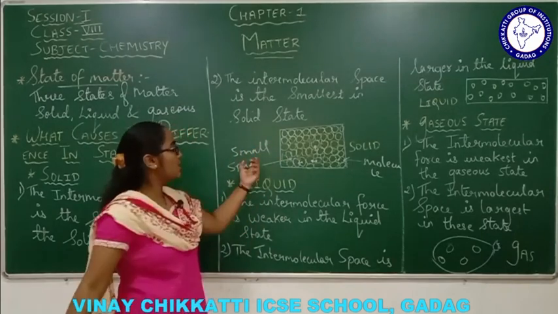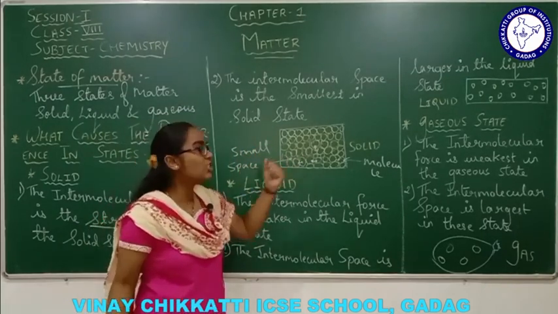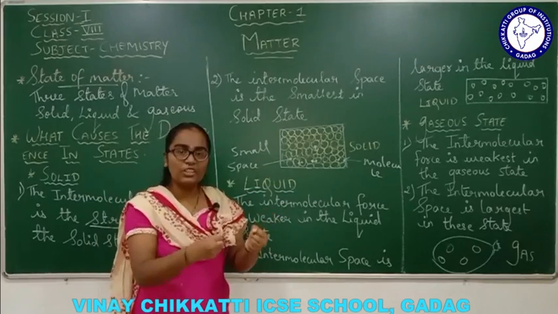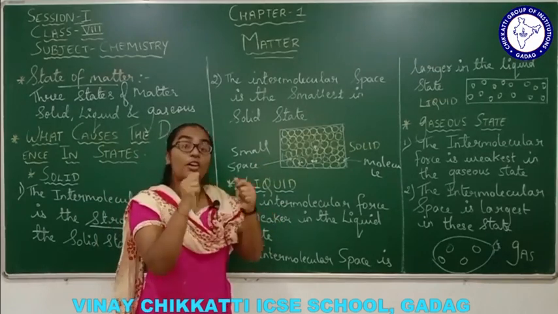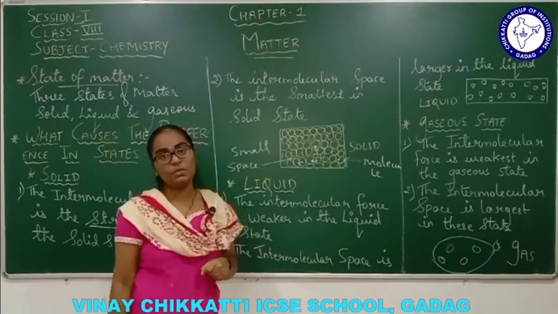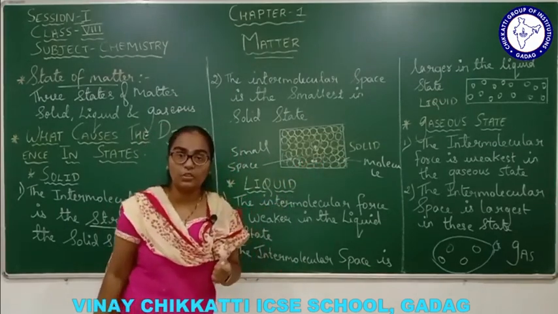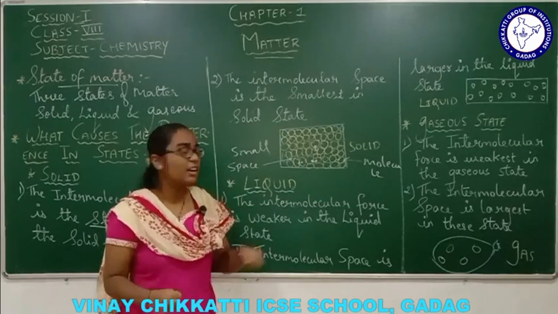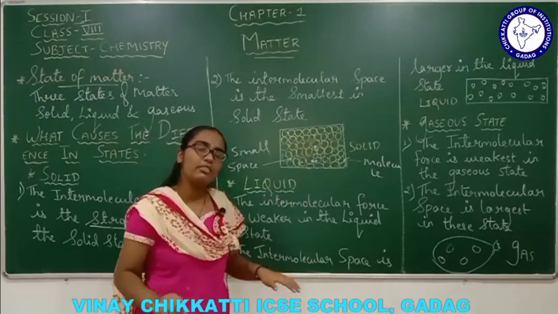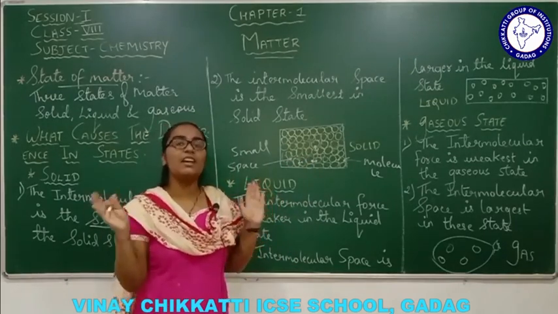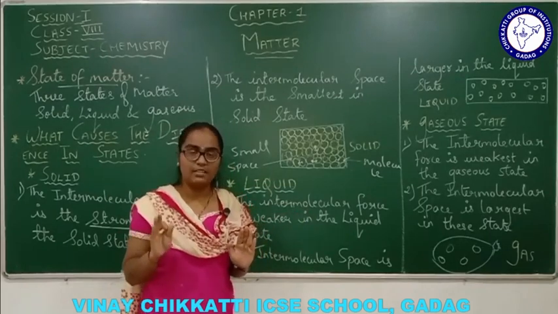Why is the space small? Because the force is strong. The more compact the molecules are with each other, the greater will be the force of attraction between them, right? Since the force of attraction between the molecules is very strong, the gap between the molecules will be very small, right? So they are vice versa to each other. Understanding my point?